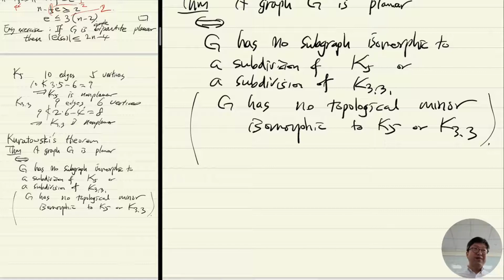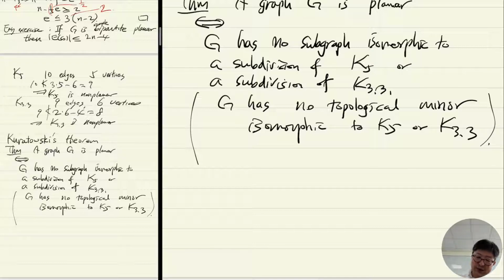And now we have every tool we need to prove Kuratowski's theorem. Okay? So the proof will consist of two steps.